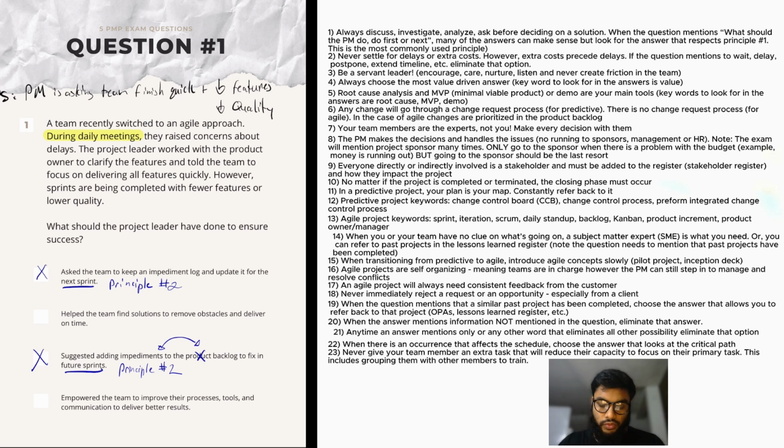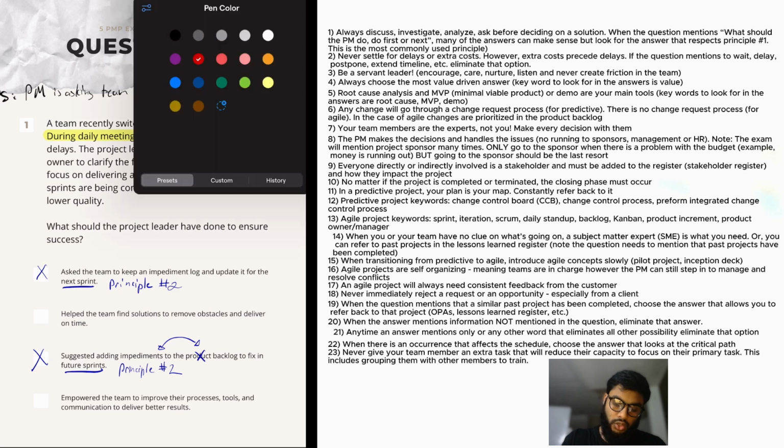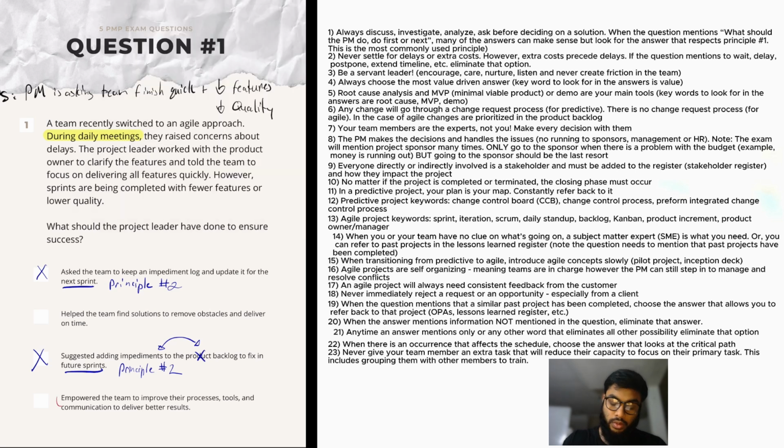D: Empower the team to improve their processes, tools, and communication to deliver better results. Okay. So I like this word empower. This is a servant leader word, and you should take note of it. It's actually one of our principles. If you check out principle number 3, encourage, care. Okay, so empower is not there, but empower is one of the keywords that you should look out for.